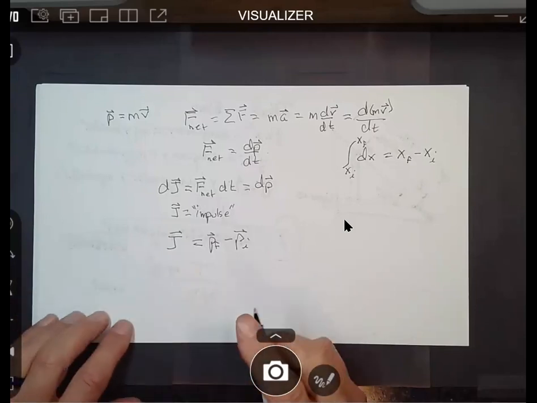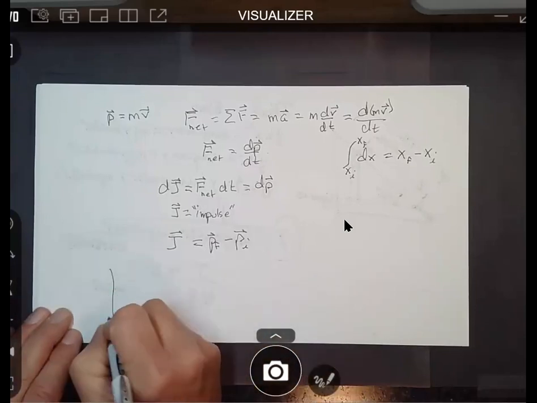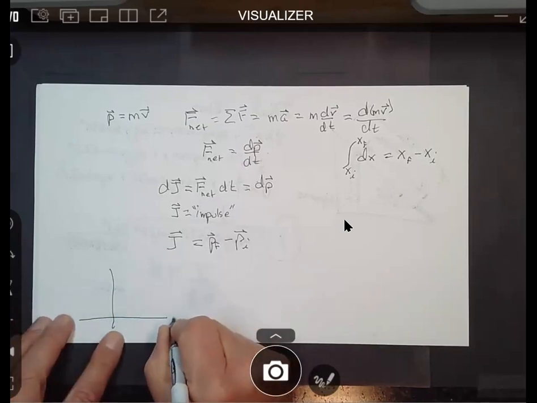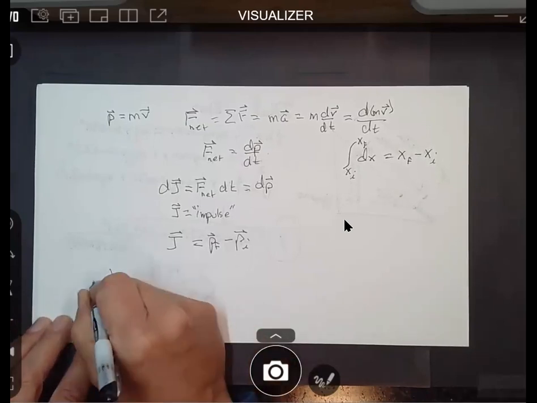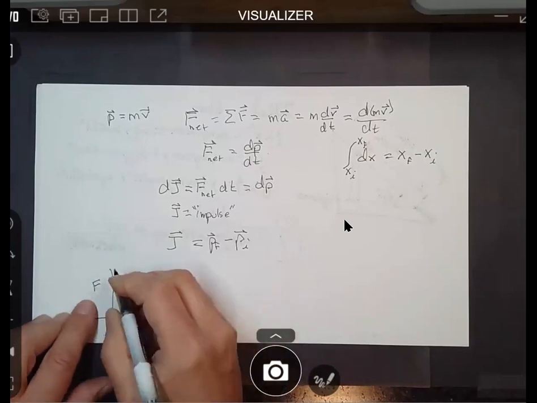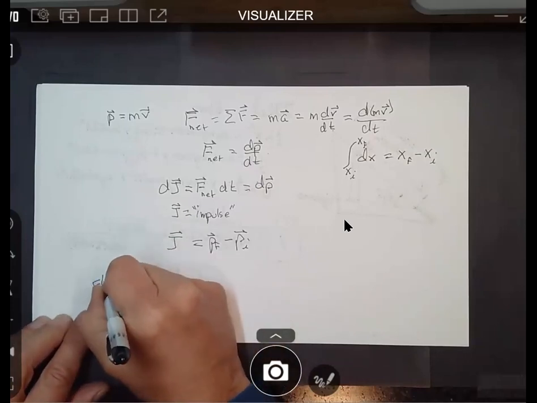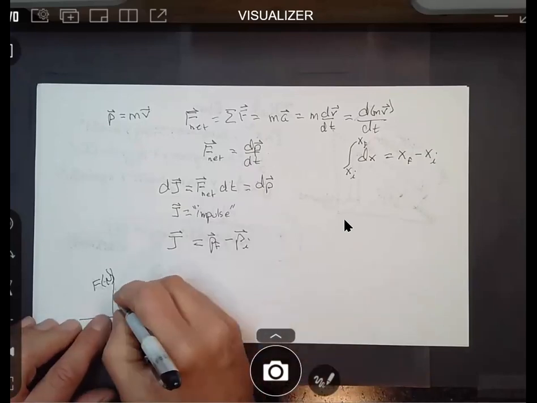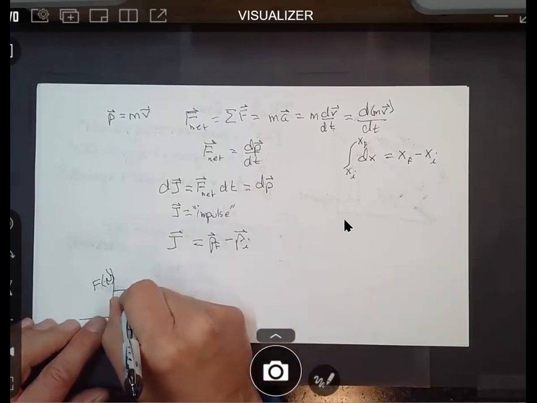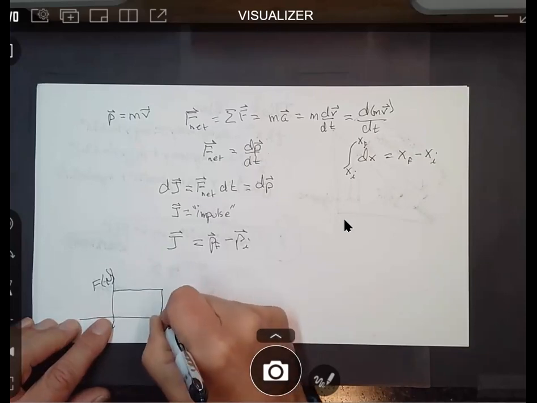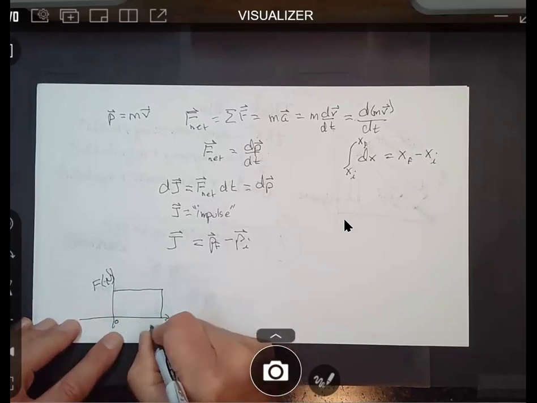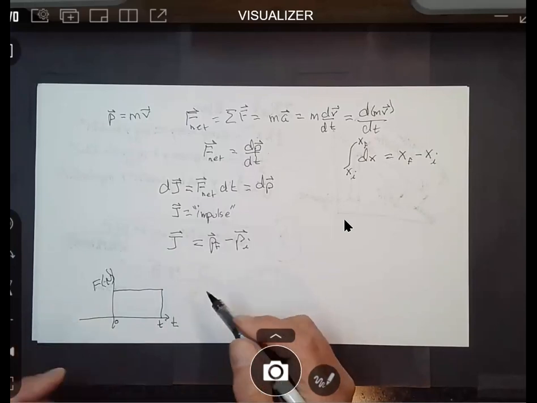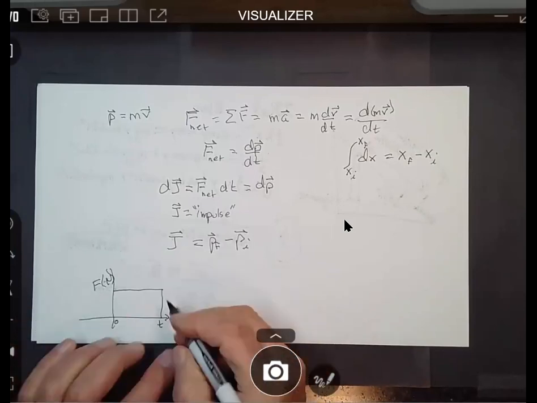So let's imagine that we've got time on the horizontal axis and force on the vertical axis, and the force would be in newtons or something like that. And let's just start by figuring we have a constant force, and it acts from, say, 0 to t, and we'd get some F delta t here.